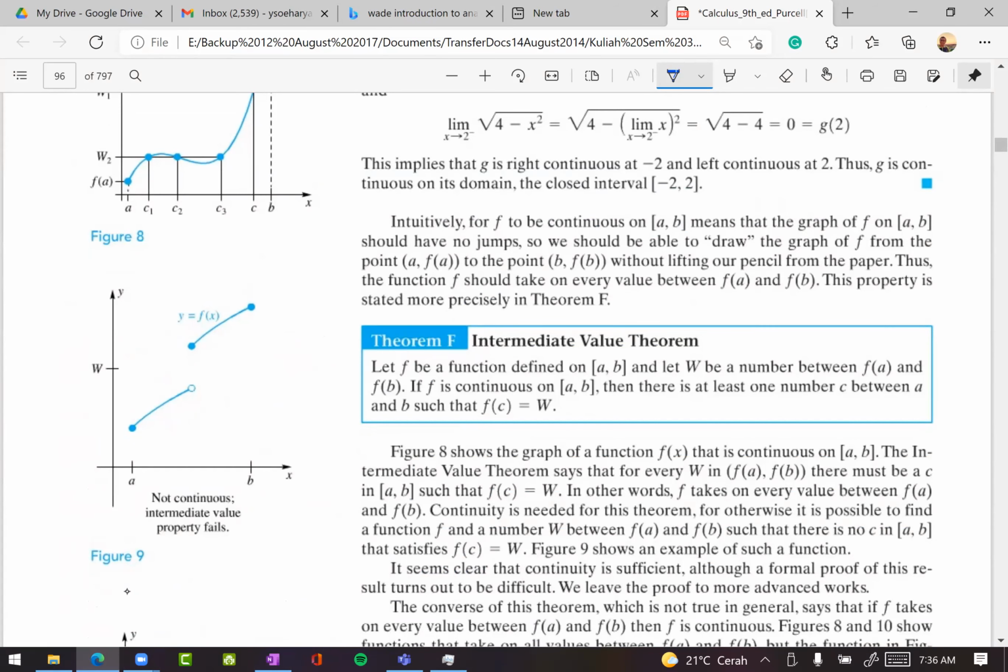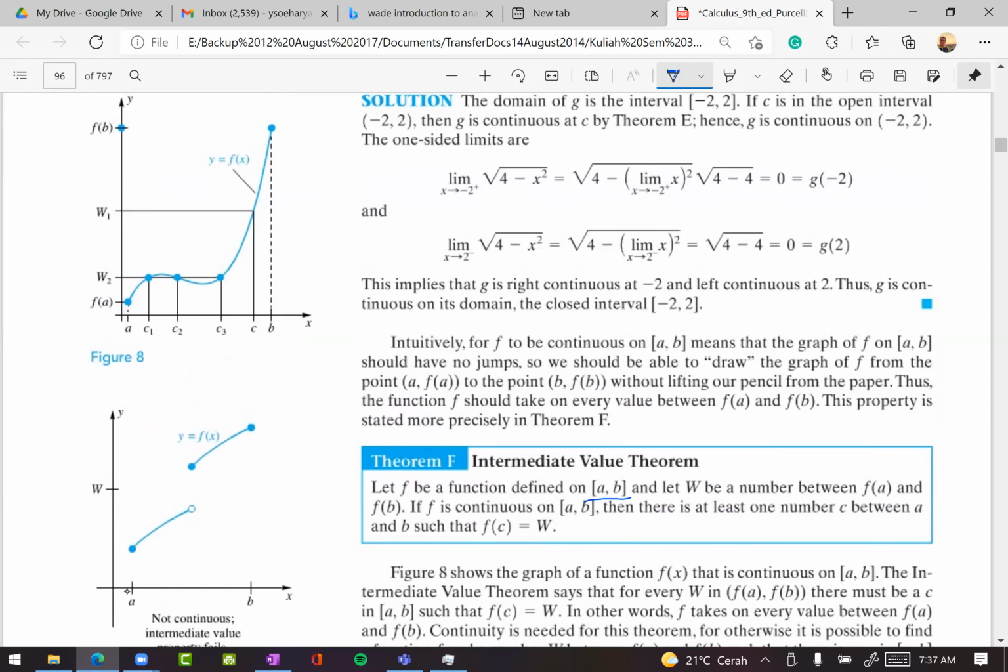You have a function defined on the closed interval. Now it is closed. W is any number between f of a and f of b. So you see the y-axis between f of a and f of b. W is a number there. F is continuous. Then there is at least one c between a and b such that f of c equals w.